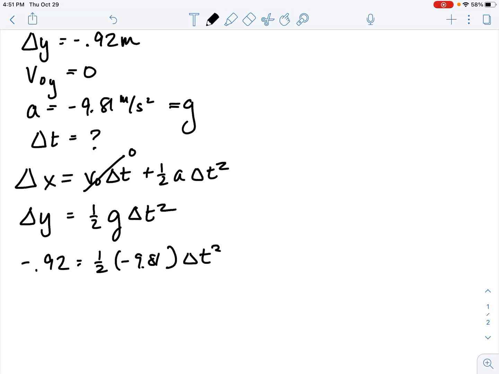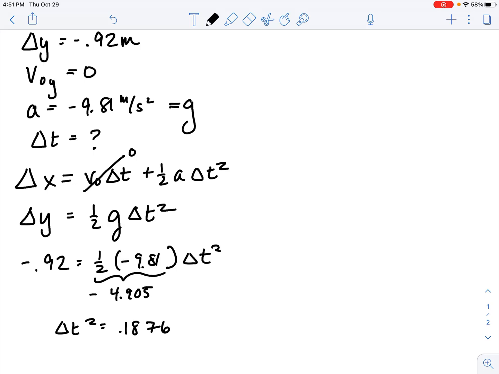So I'm going to take negative 0.92 and divide by 1/2 of 9.81, which is 4.905. That's a number I use a lot, so I kind of have it in the front of my brain. Divided by 4.905. And then I've got t squared equals 0.1876.